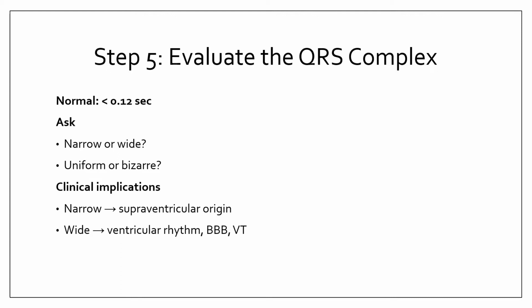We also want to ask ourselves, is the QRS uniform or is it bizarre looking? Uniform QRS complexes look similar in shape across the strip, and it suggests a consistent origin and one dominant pacemaker. If they're bizarre or variable, where the shapes differ from beat to beat, that may indicate ectopic ventricular beats, premature ventricular contractions, or ventricular irritability.